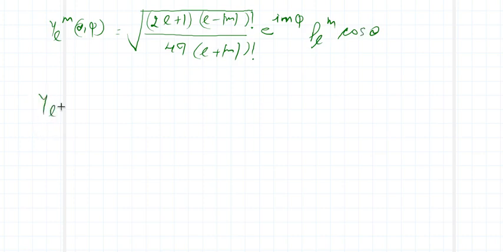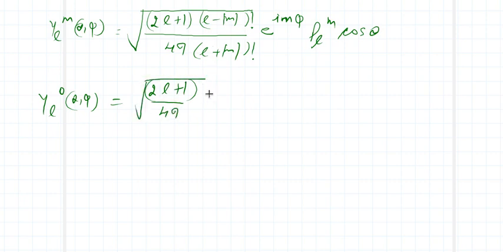So for that, I can define Y_L0(theta, phi), and if I put the value m equal to 0 here, this L will cancel out with it. So it is 2L plus 1 over 4 pi, e raised to power i 0 phi, P_L0(cos theta).